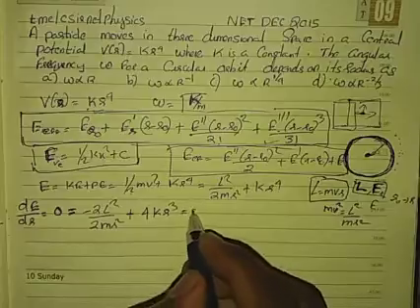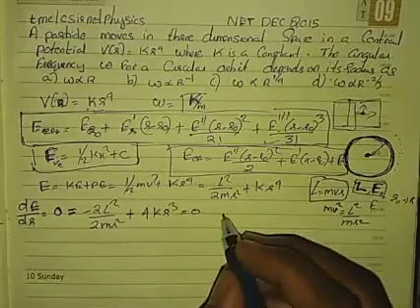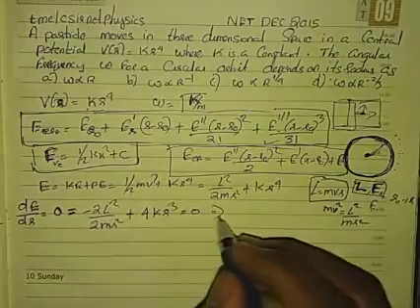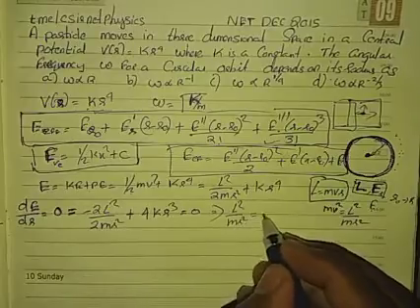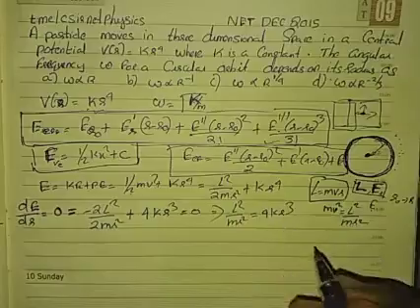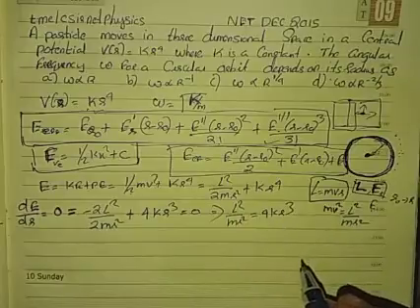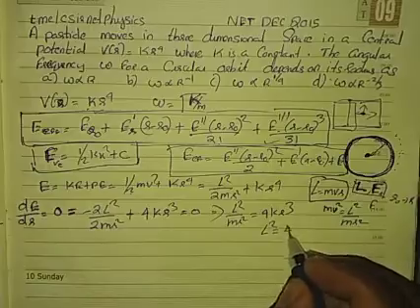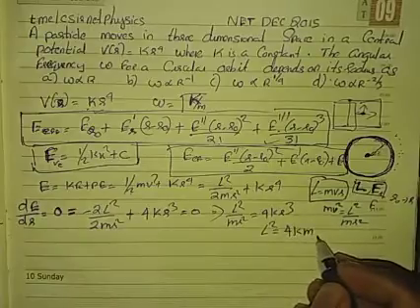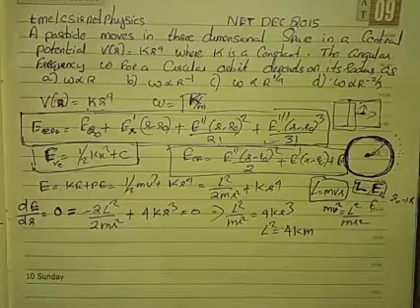Now this can be equated to 0, and the 2 and 2 cancel, and you get L square by mr square is equal to 4k r cube, and you get L square is equal to 4k m r raised to... okay, there was something, mr square.